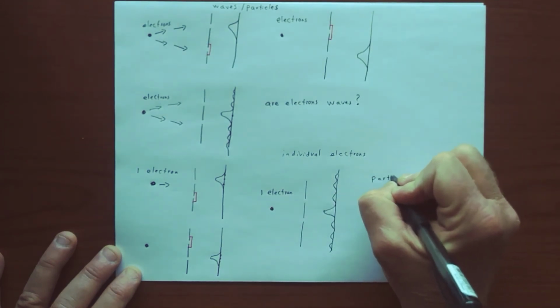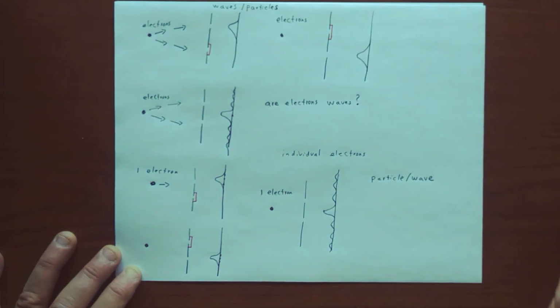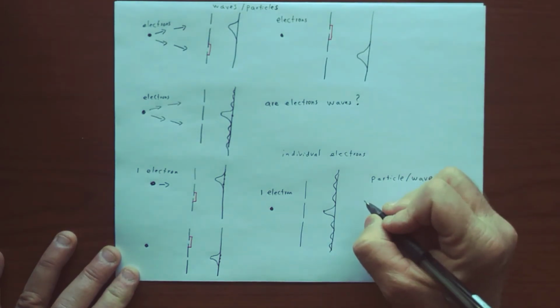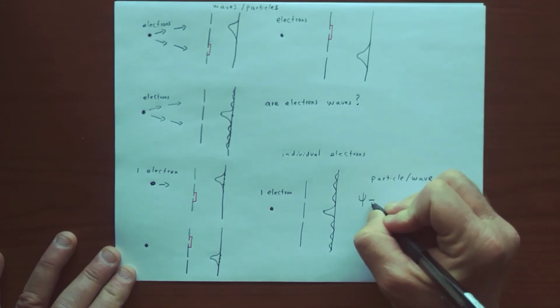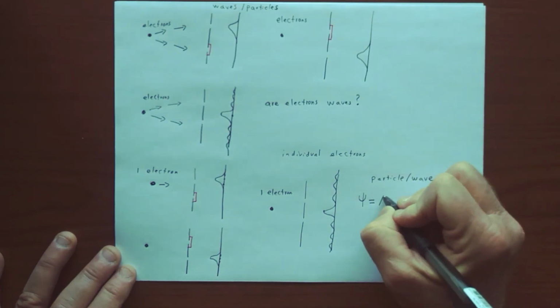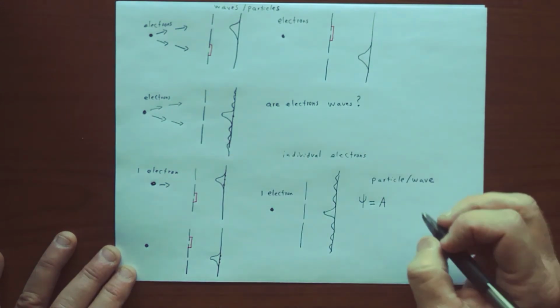So we have discovered that we need a combination of, in some sense, mutually incompatible properties. Both particle and wave-like behavior have to be captured in our mathematical description. And so here is a wave-like quantity that can describe these waves that come through the slits.